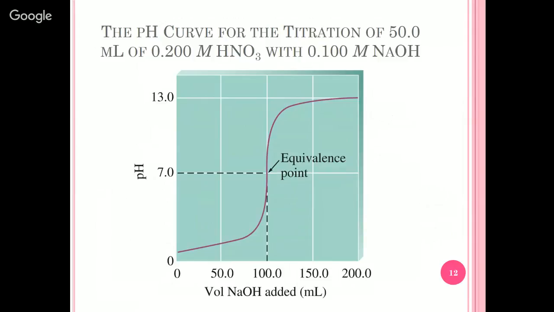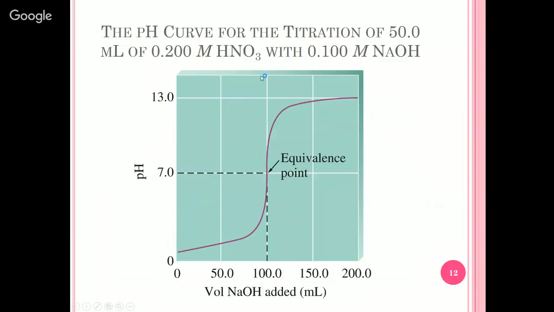That's different than what we see with weak acids and weak bases, because they have the power to do that because they go back and forth. So at the equivalence point, your moles of OH minus equal the moles of your H3O plus. We have completely neutralized whatever we've started with.